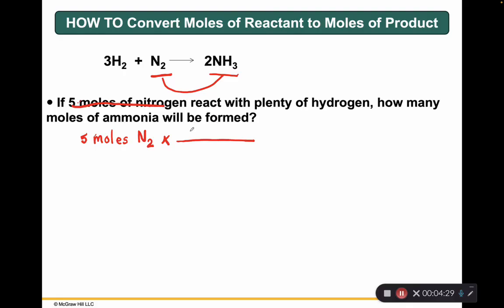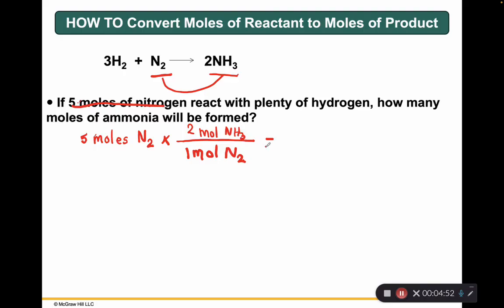From the balanced equation, I can write that. So I bring this mole ratio from the balanced equation.